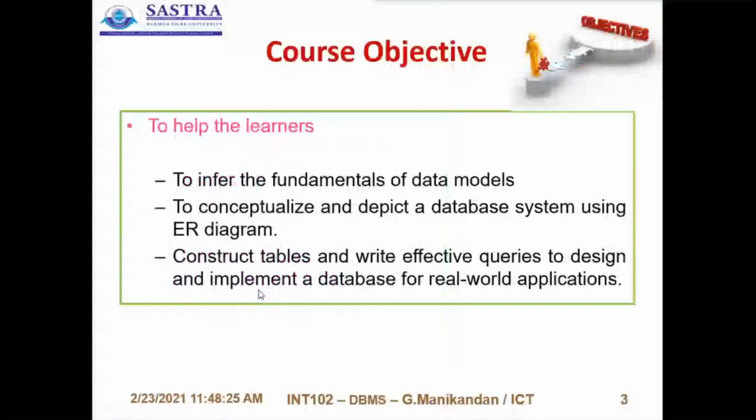The objective of this course is, for a given problem statement, you should be in a position to design a database. You should be able to identify the appropriate data model. After finalizing the design, you should be able to represent the design in a graphical or flowchart format, which is called your ER diagram.